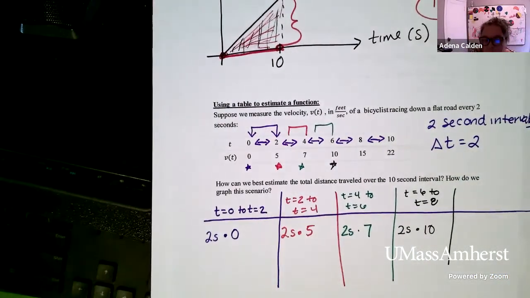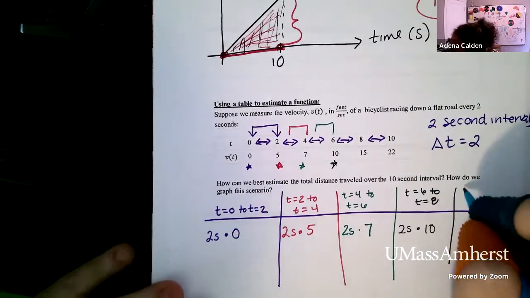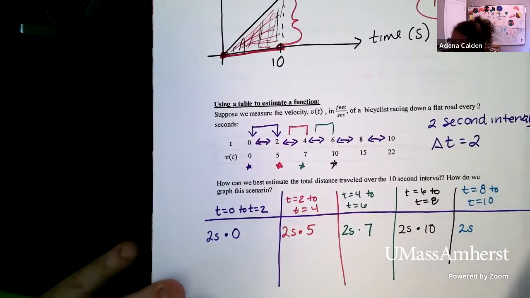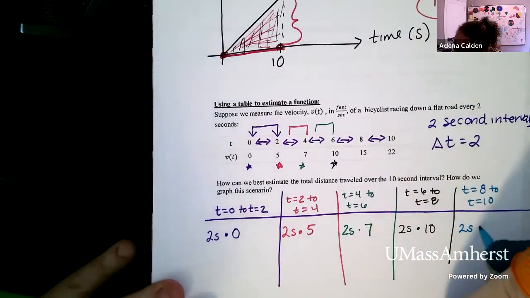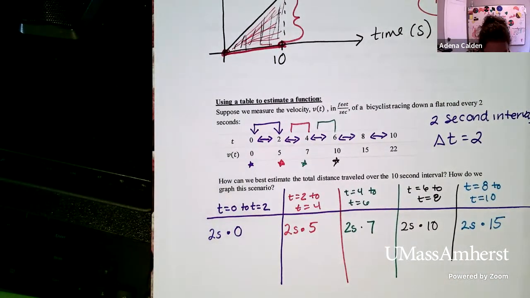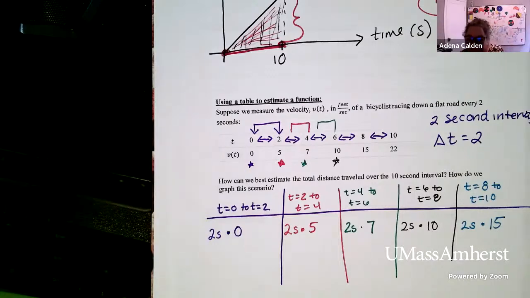And then last but not least, from time equals 8 to time equals 10, that's the last 2-second interval. I picked the rate on the left. So rate times time, 2 times 15. So then I multiply these numbers and add them up, right? Because I got to add up all my little legs.